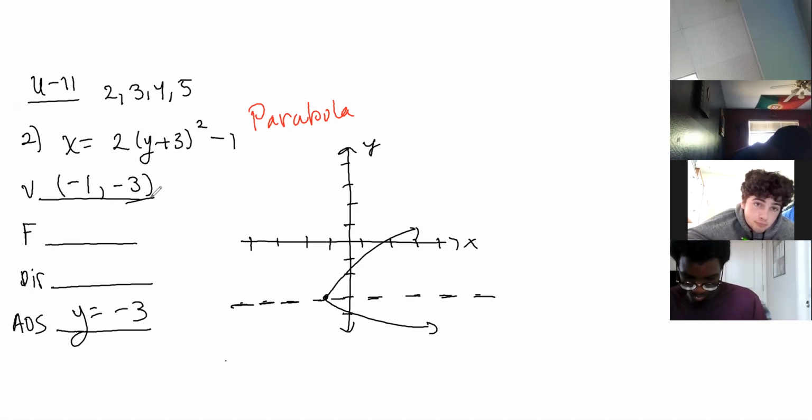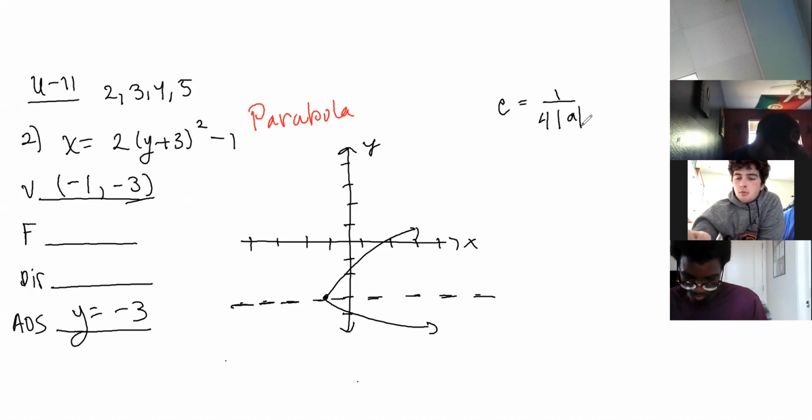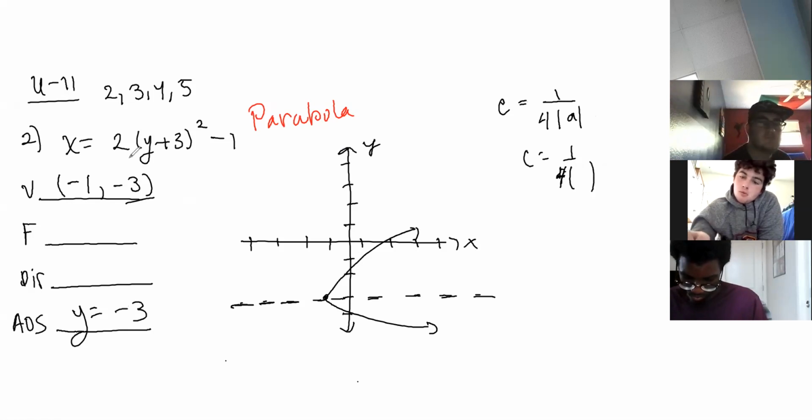Okay, in order to find the focus or the directrix, we need to find our C value. Do you remember how to find the C value? 1 over 4 and put an A in absolute values. So 1 over 4 times the absolute value of A. If A is 2, the absolute value would stay 2.